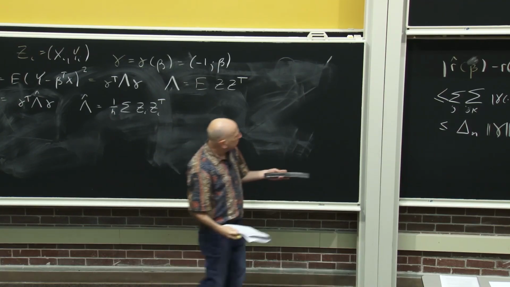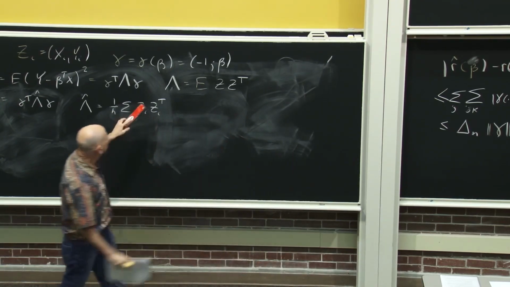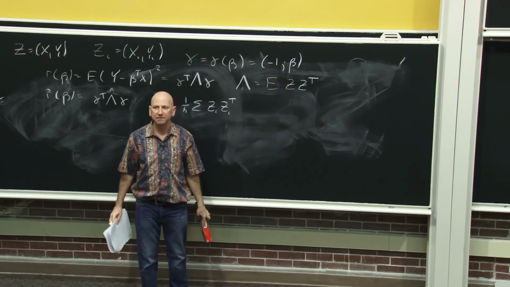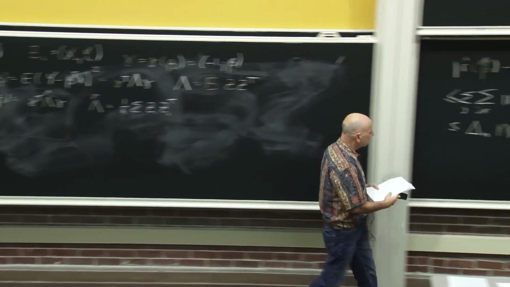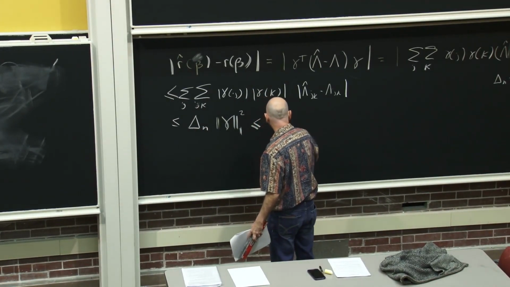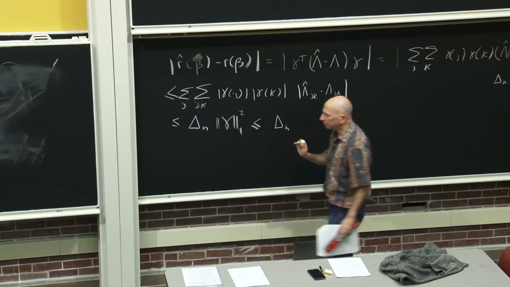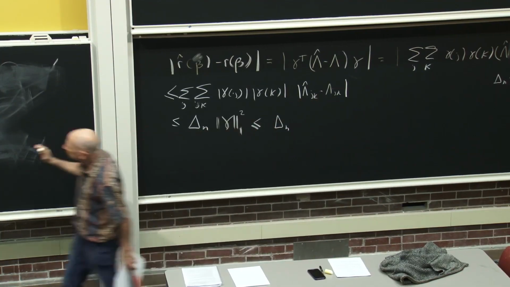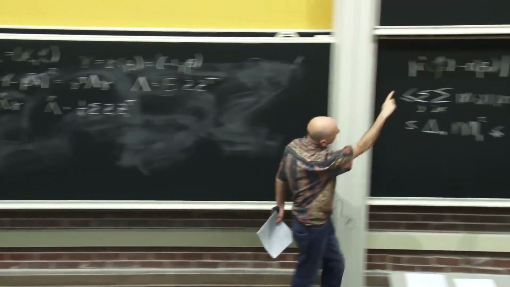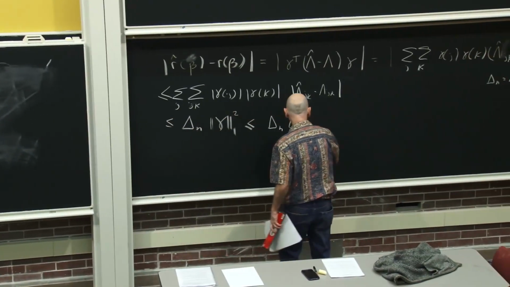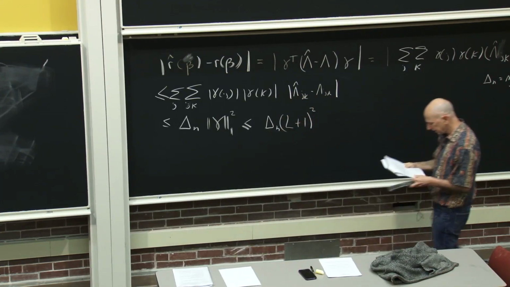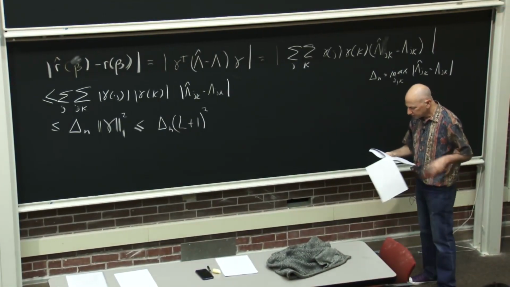And if you look at the way I define gamma, what's the L1 norm of gamma? It's 1 plus the L1 norm of beta, right? So this is less than or equal to gamma n. And remember, we're doing this restricted minimization subject to the L1 norm of beta less than L. So this is less than L plus 1 squared.